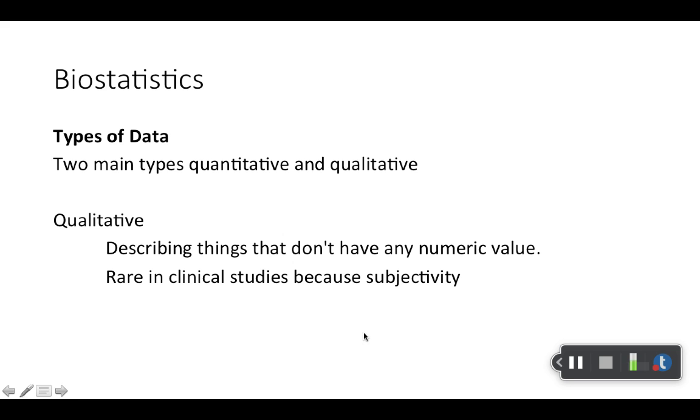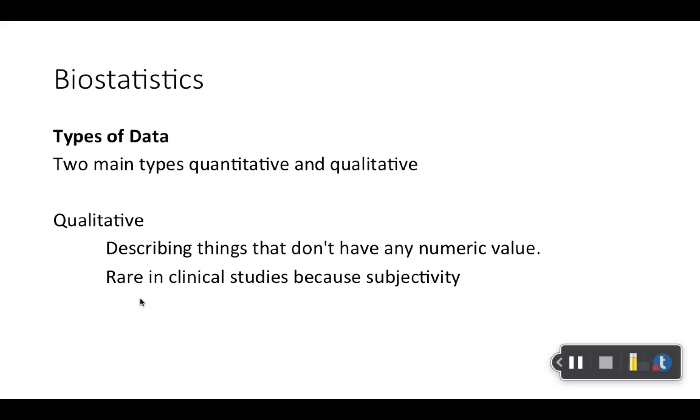So anyways, qualitative data are things that, like I said, it's a quality. It does not have a numeric value, so no numbers. It's very rare in clinical studies. So I'm focusing this for medical professionals, right? You guys. And so this is very rare because it's very subjective.